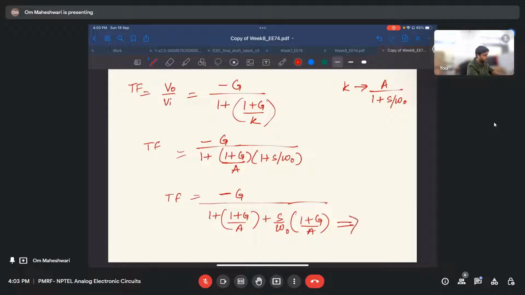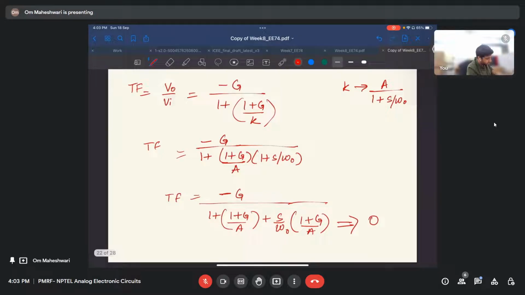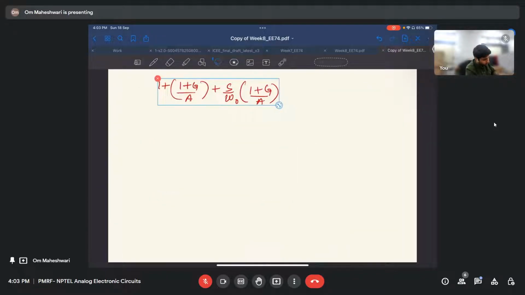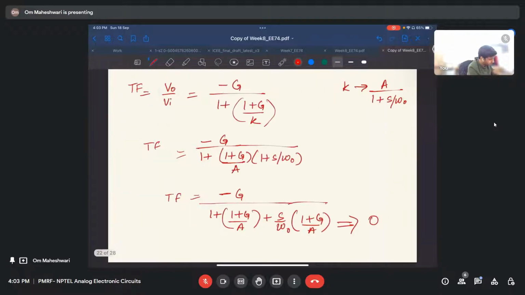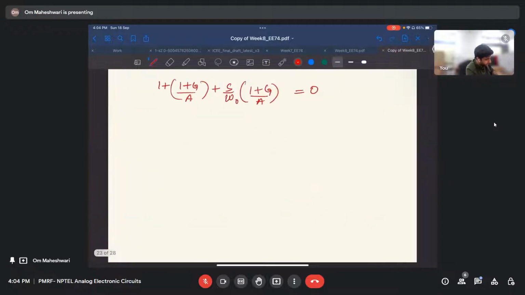So for that we equate the denominator with 0. So I'll copy the denominator equals 0.